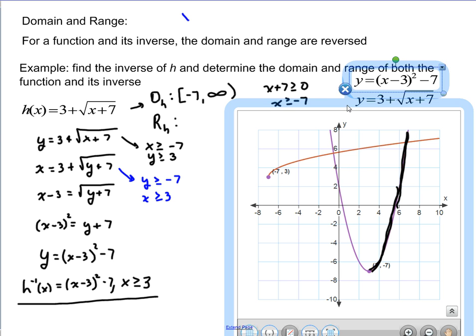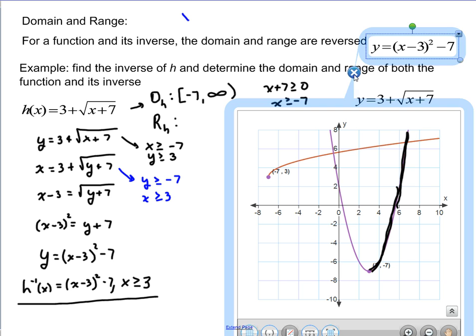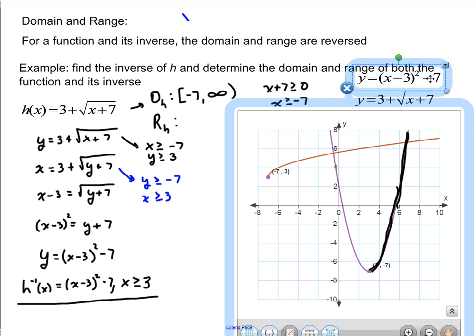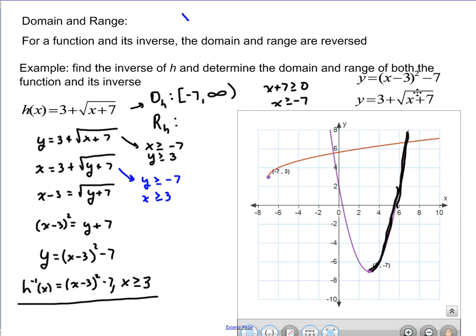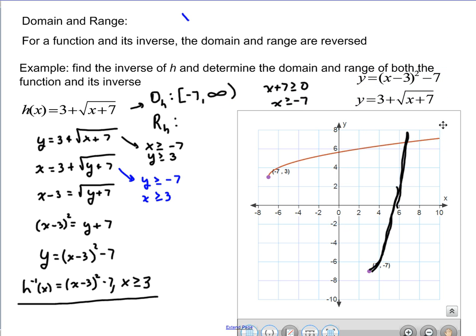Anyways, what would happen is that we would only take that one piece of the graph and we would say that this is our inverse function, this one-to-one piece. So there's our inverse right there. Alright, I'll give another example in just a moment so we can see how this works out.